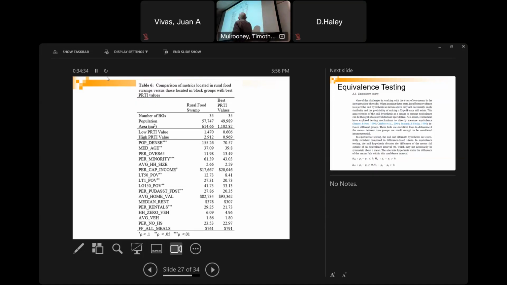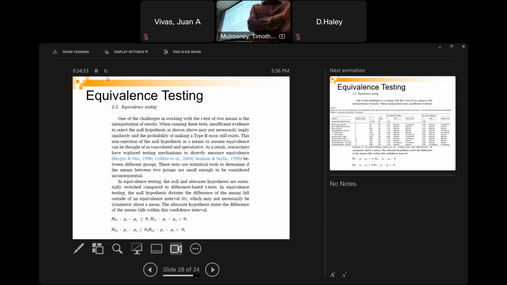But percentage of rentals, per capita income, percent minority: you can see percent minority is 18 points higher in rural food swamps than in the best food access rural areas. Do you think that's a coincidence? No, it's not. Okay.